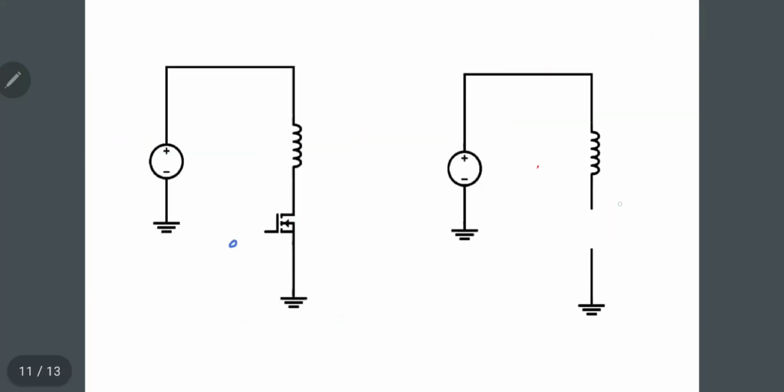So what we have seen is that there will be excessive current flow, and excessive current flow will make the drain voltage very high, and there will be a surge of drain voltage, and that might damage our MOSFET permanently.